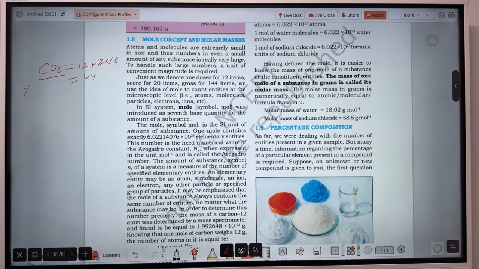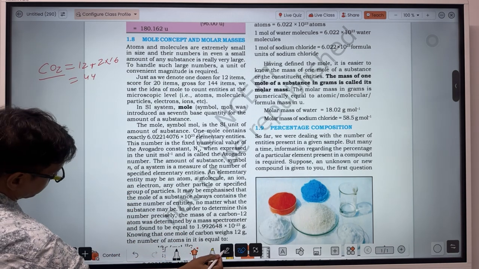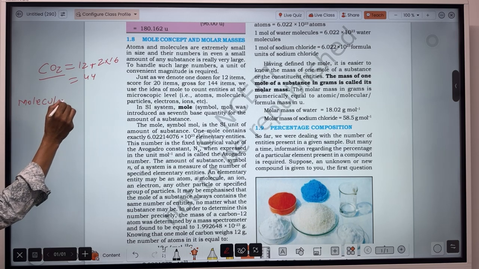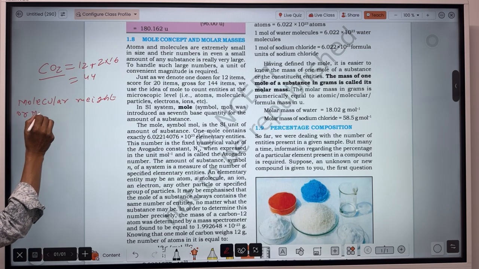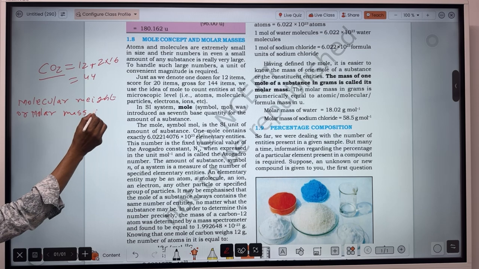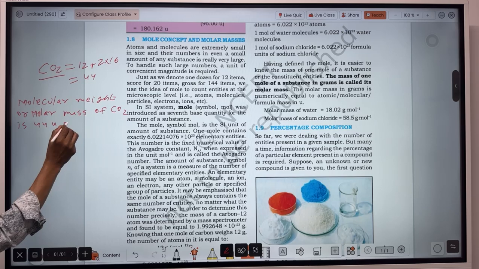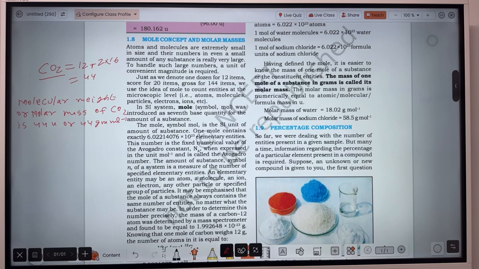So the molecular weight of CO2 is 44 U, or molar mass of CO2 is 44 gram per mole.